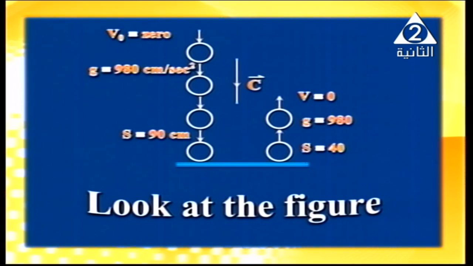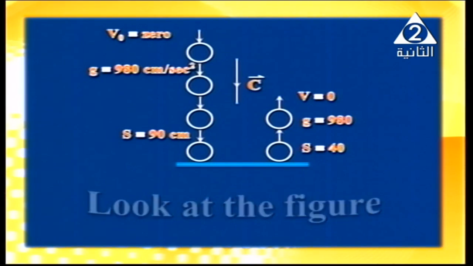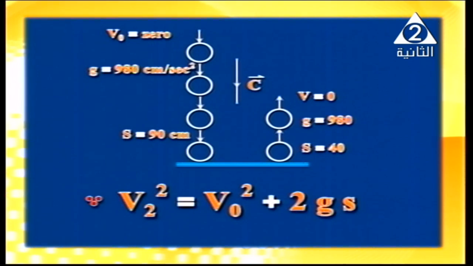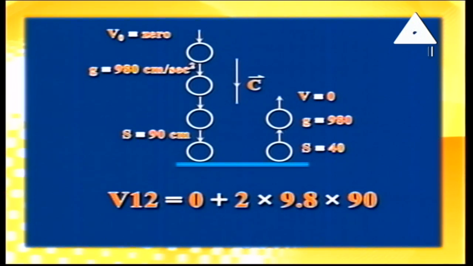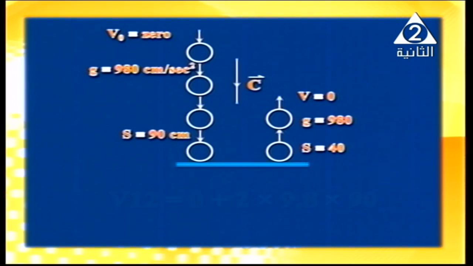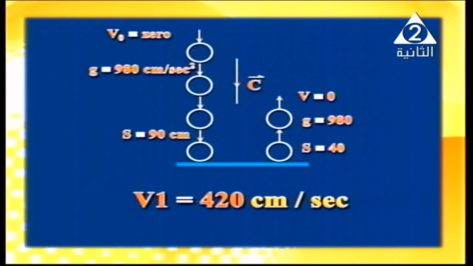The first requirement is to find v of the rubber ball when it touches the ground, by using v square equals v naught square plus 2gs. By substitution, the velocity equals 420 centimeter per second.